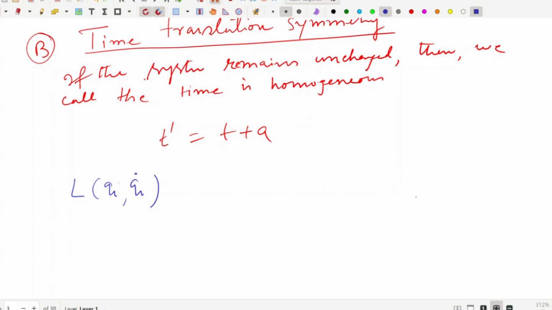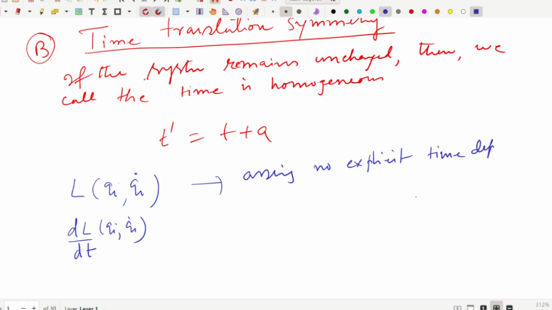So, let us calculate this quantity, to try to find what will be the conserved quantity in this case. So, we will find dL/dt, the total derivative of this Lagrangian with respect to time, assuming no explicit time dependence, because if there is explicit time dependence, then you will not have time translation invariance.